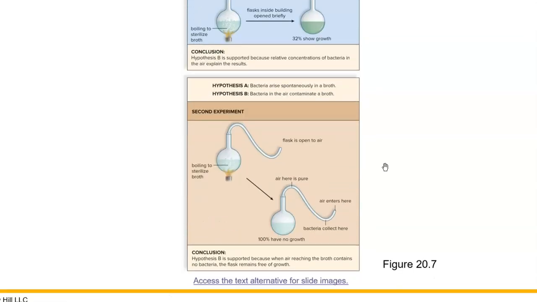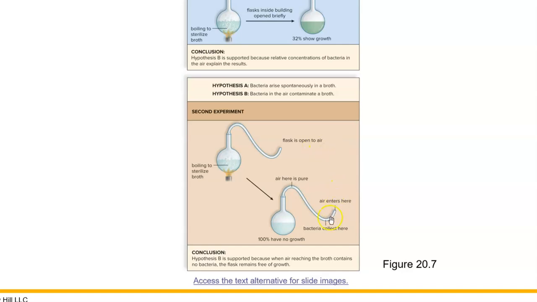Okay, then he did another experiment, and here he used a curved neck on his flask. So again, instead of a stopper, he used a curved neck. So he boiled his broth to sterilize whatever was in there. So any bacteria that are in here are killed. And then he left the flask open to the air.